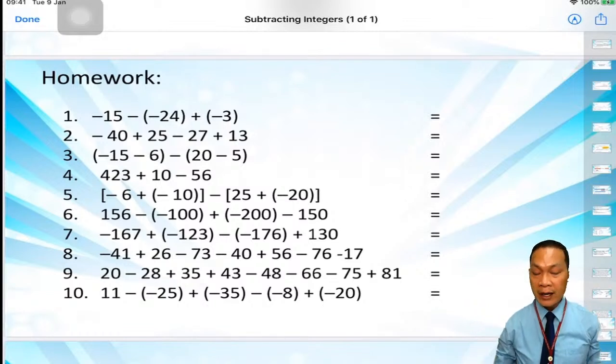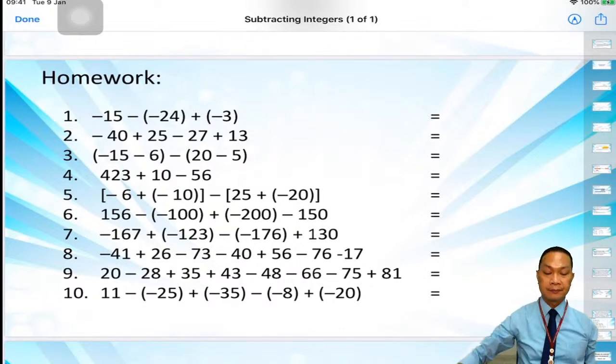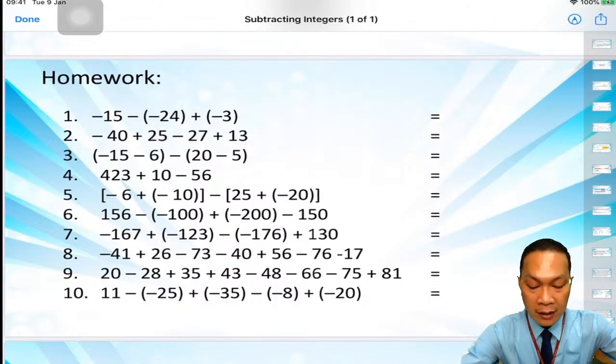Please don't forget to write your name, your ID number, and your number. Okay, I'll write here.